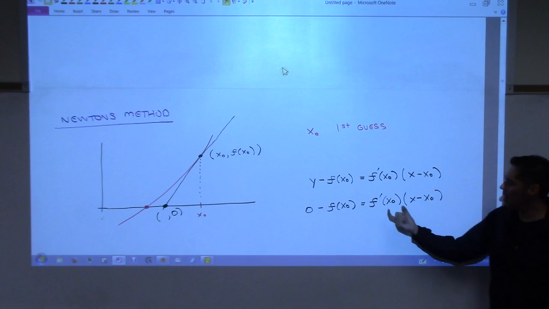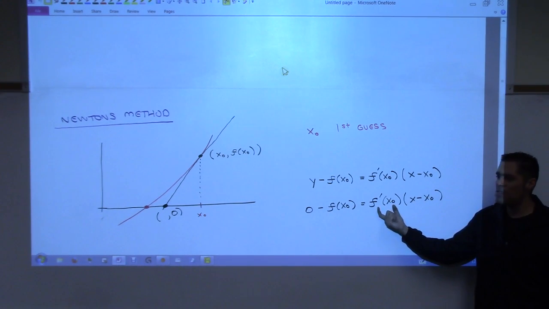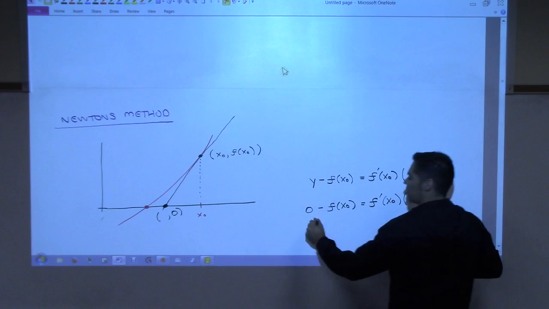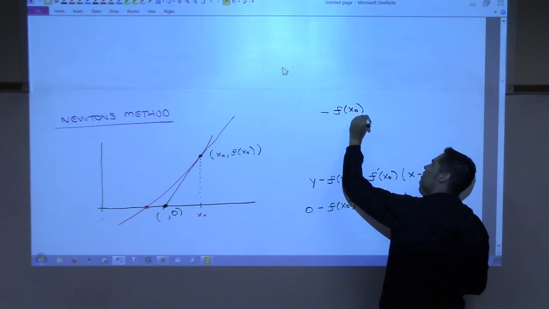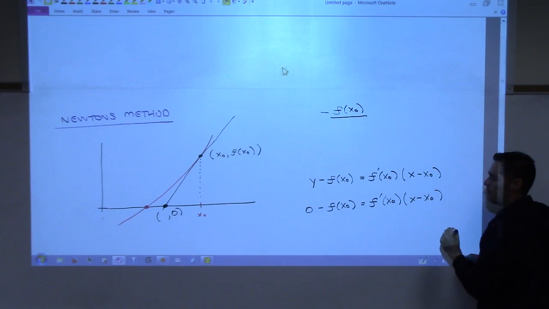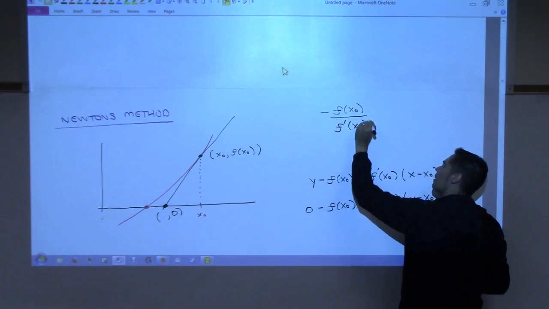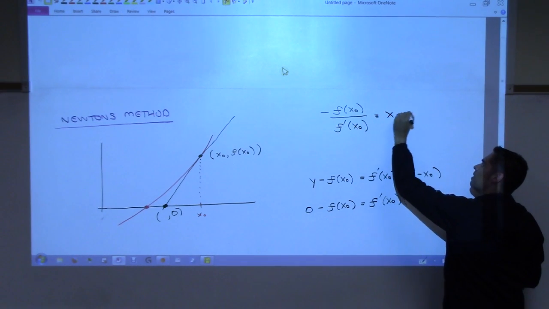Let me do this. I'm going to divide this out because I'm trying to solve for x, right? I'm going to just divide this on both sides. Can I do that? All right. So I get, the 0's gone, so I get negative f of x naught divided by f prime of x naught equals x minus x naught.